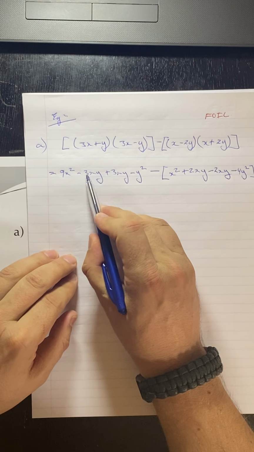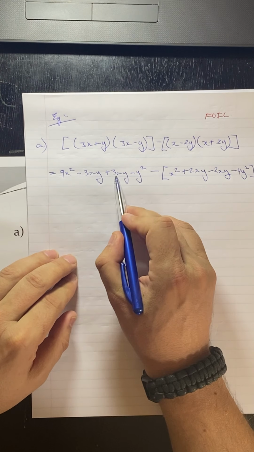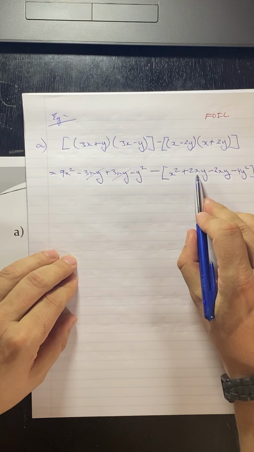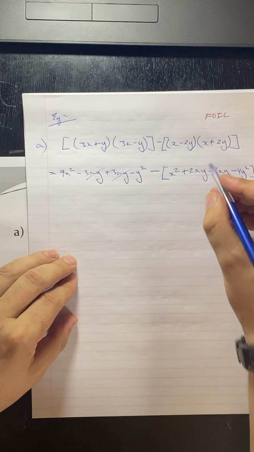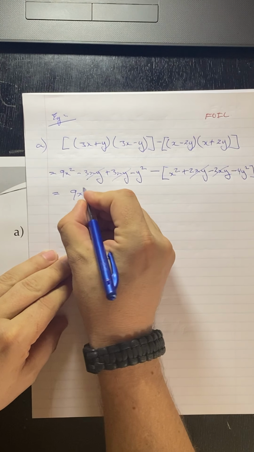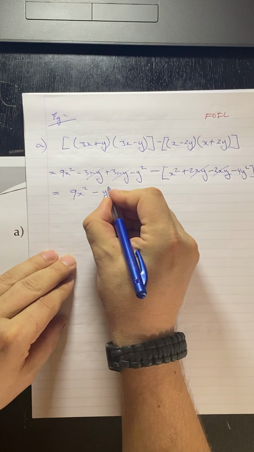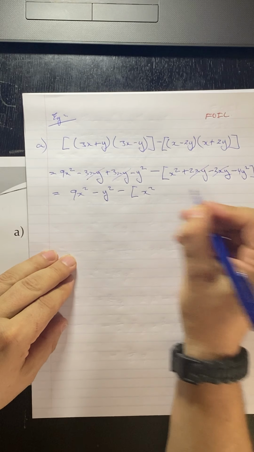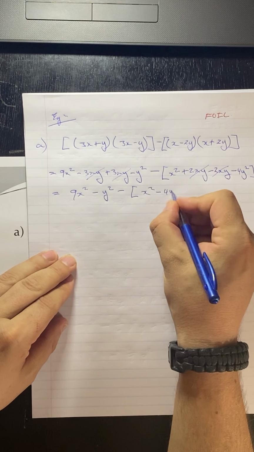So over here, you can see that minus 3xy will cancel with a positive 3xy. And then inside this bracket here, plus 2xy minus 2xy, they will cancel. So just to make it look a little bit easier, minus x squared minus 4y squared.